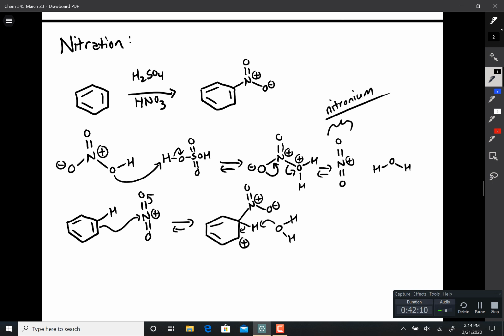And then once you have that sigma intermediate, you deprotonate. And this is an irreversible step to restore the aromatic ring.